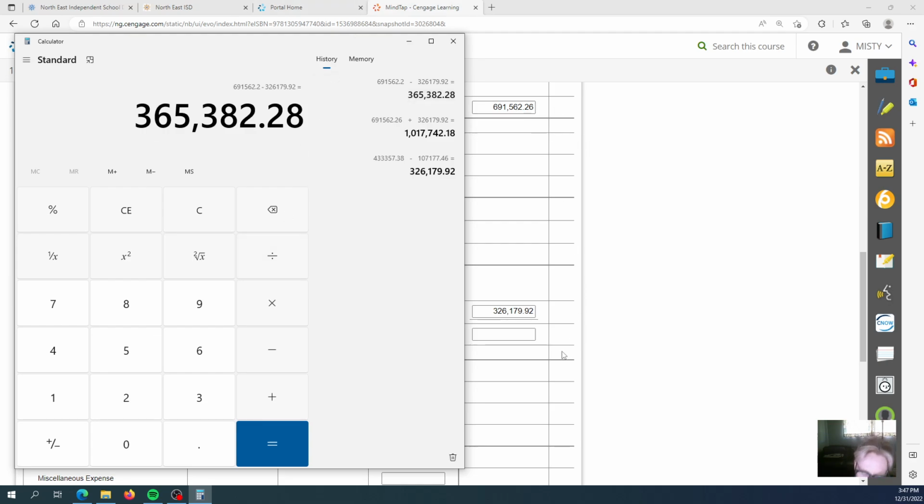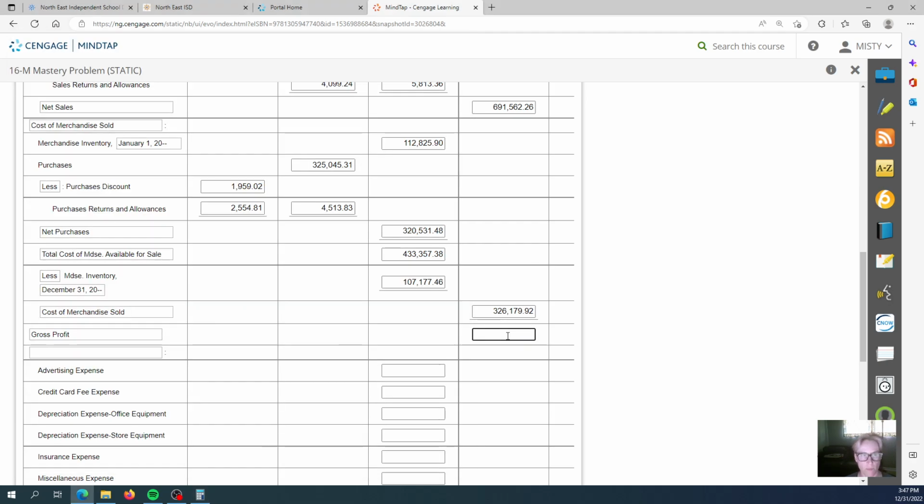Let's see, 26 and 92. You know what? Checking my cheat sheet. That should be 34 right there. So I think I transposed a couple of numbers. All right. So our total here is going to be 365,382, and 34 cents.